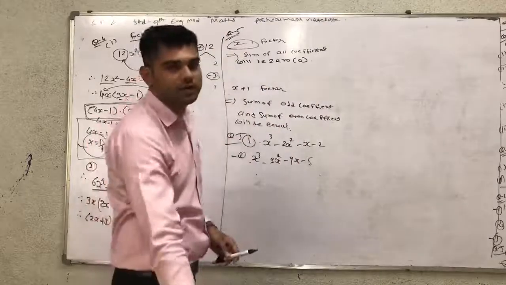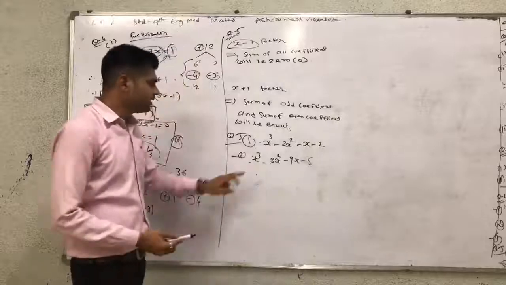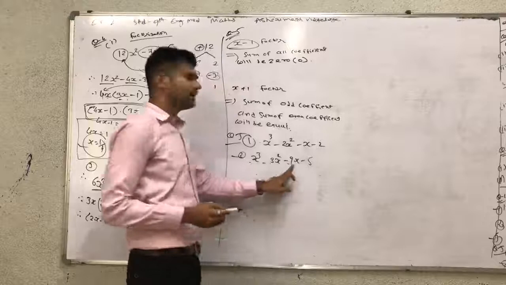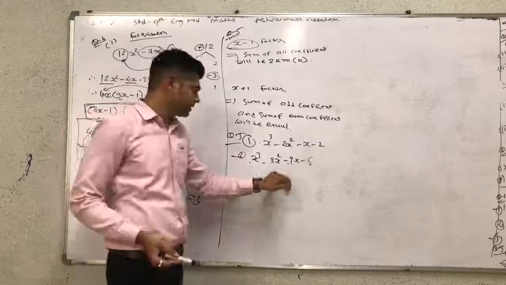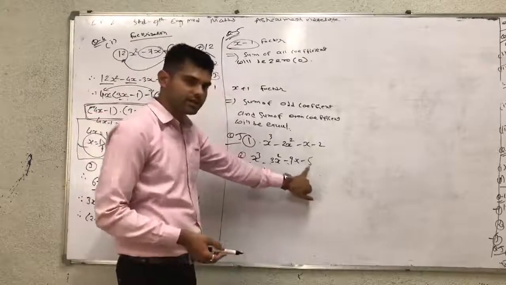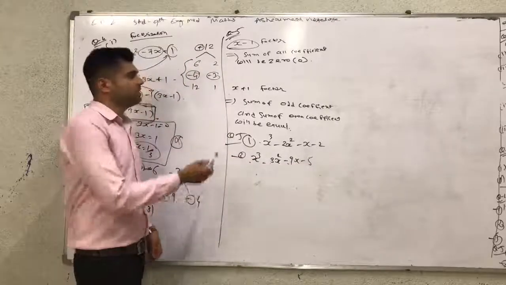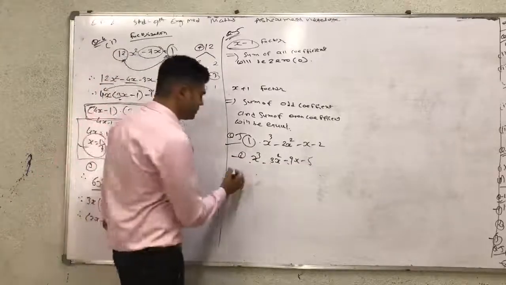Coefficients of odd power and even power. Odd power means 3 and 1, the answer is minus 8. For even power, the 3 and the constant term are also taken in even, so minus 8, it will be the same. So x plus 1 is a factor of the given polynomial.